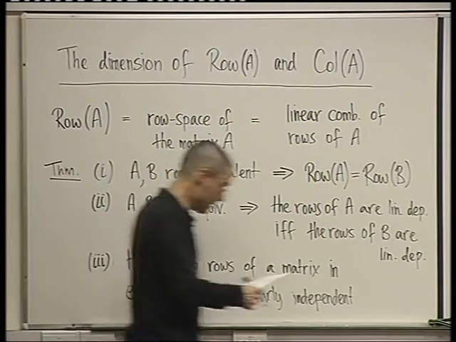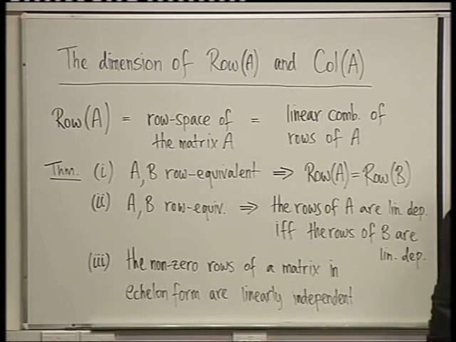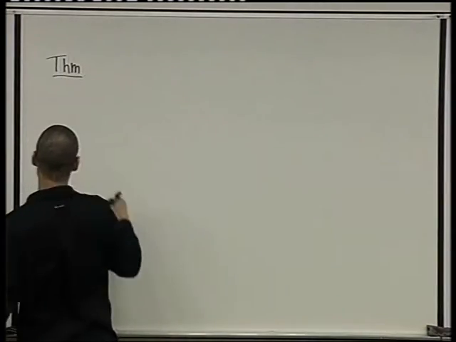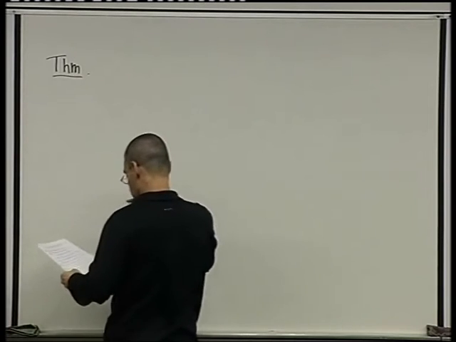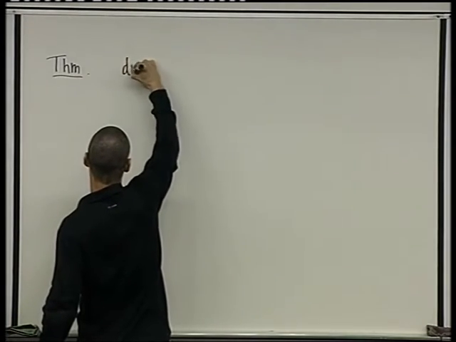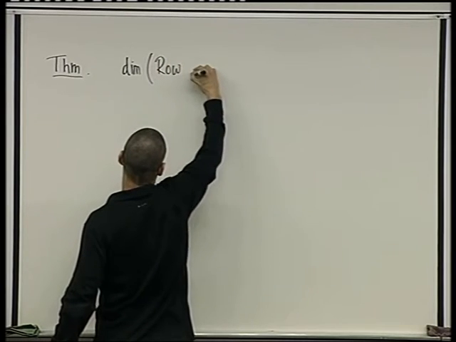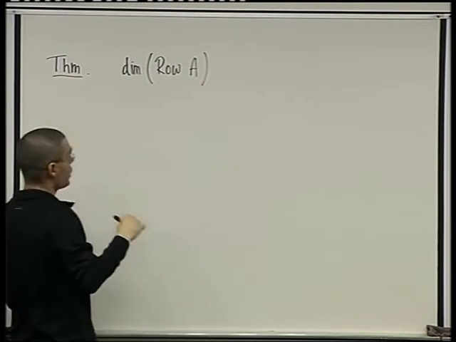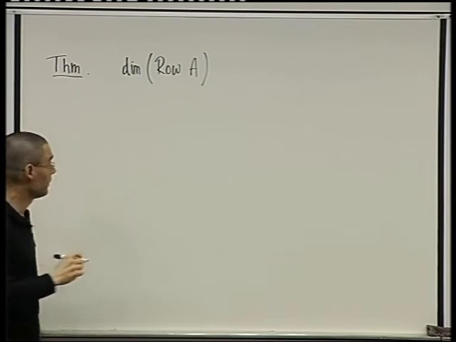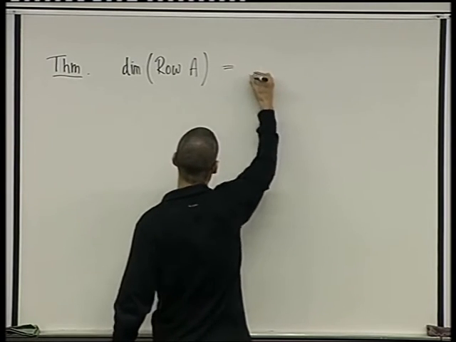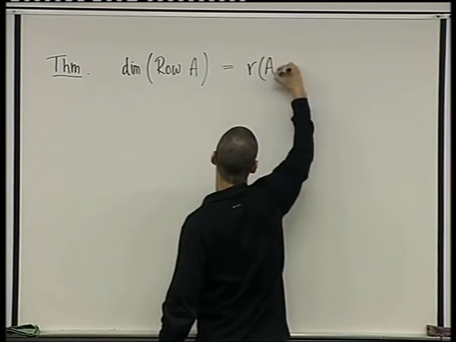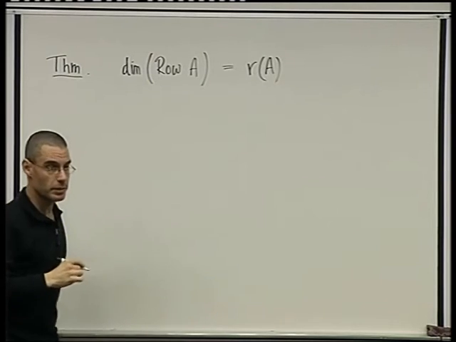Okay, and that's going to be the theorem, which I am going to prove. And it says the following. So here's a very short phrasing of the theorem. The dimension of a row space of a matrix is in fact nothing else but the rank of the matrix.